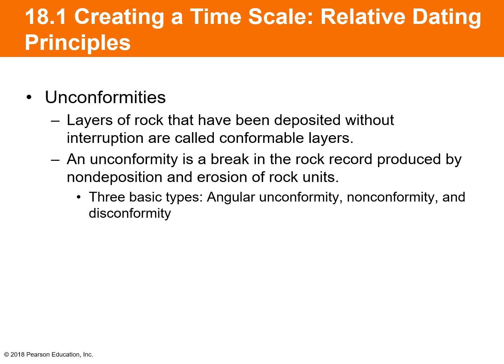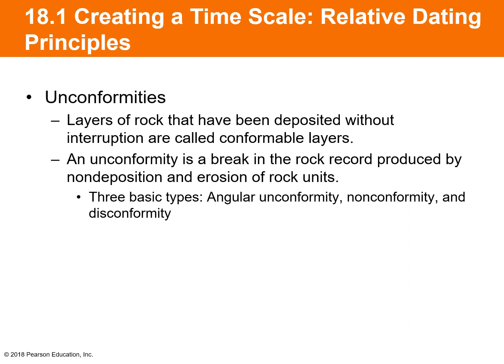So another principle of relative dating that's important to discuss are unconformities. Before I talk about unconformities, just know that layers of rock that have been deposited without interruption are called conformable layers.